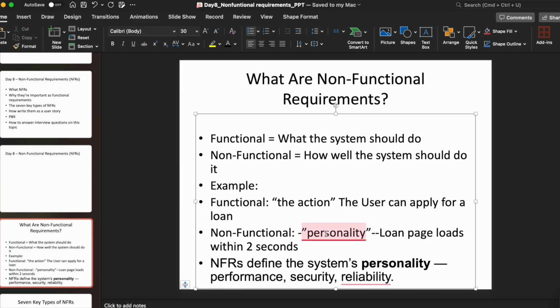Non-functional is the personality. So, is it fast? Is it secure? Is it always available? Is it easy to use? That's what non-functional requirements define.